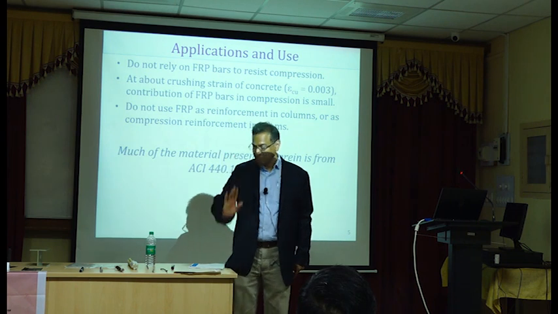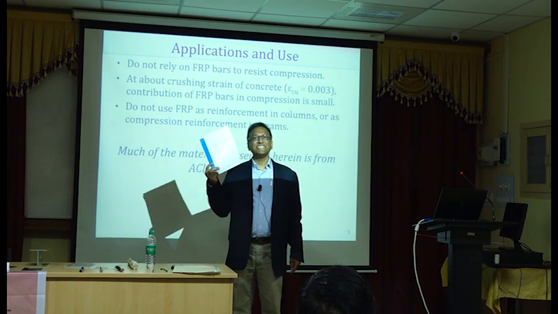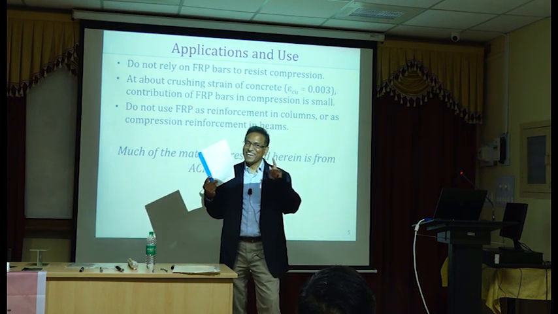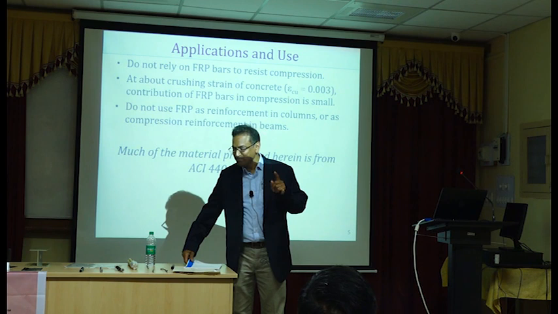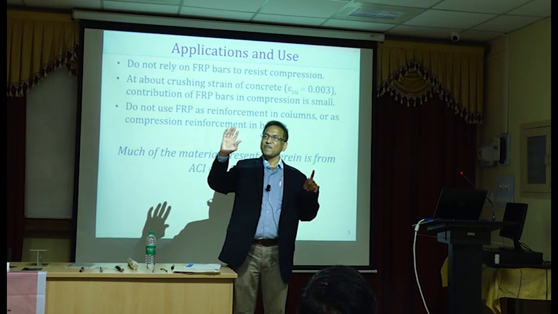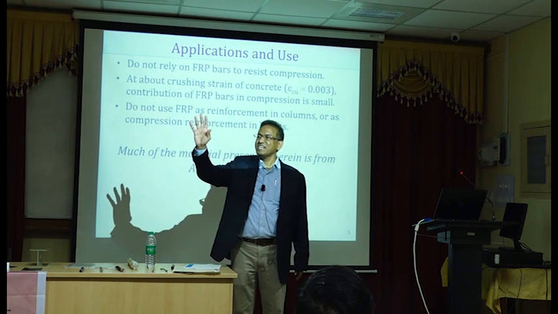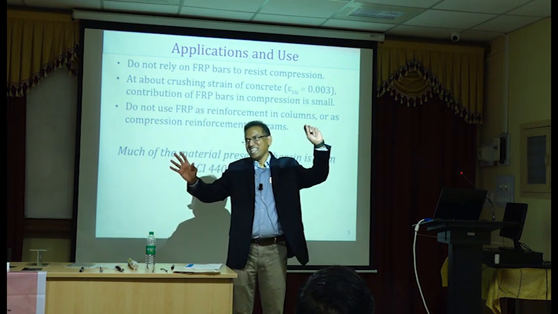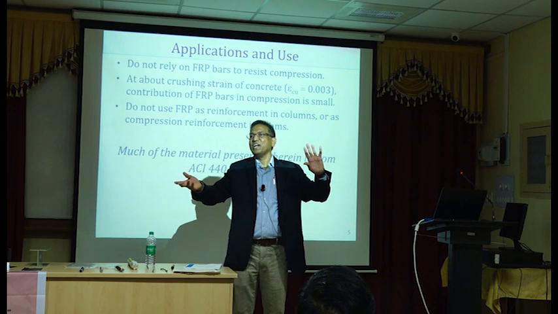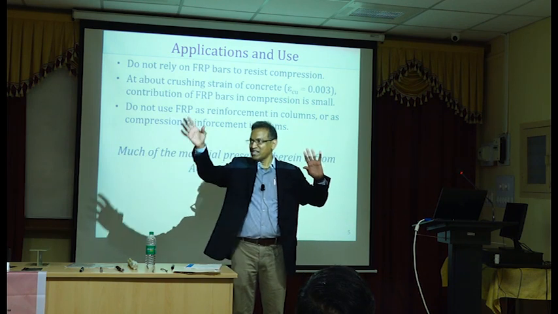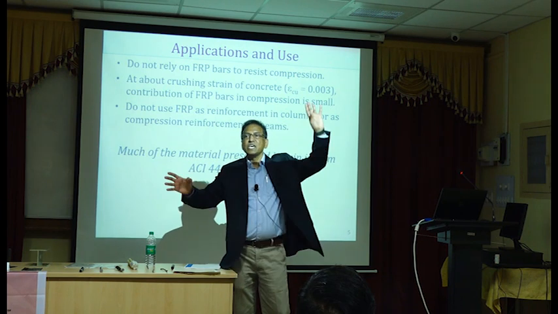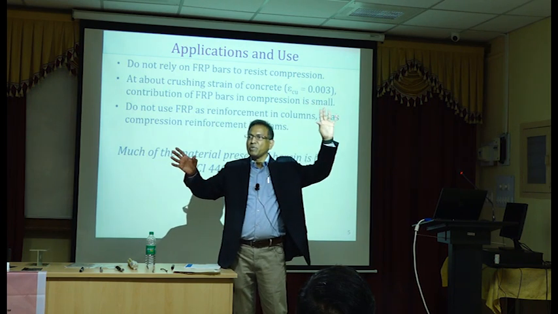I'll tell you why. All these are based on cylinder strength. Okay, think about it carefully. So if I have, let's say, 20 MPa concrete in cylinders, which is a low strength by the way, the corresponding cube strength will be 25.